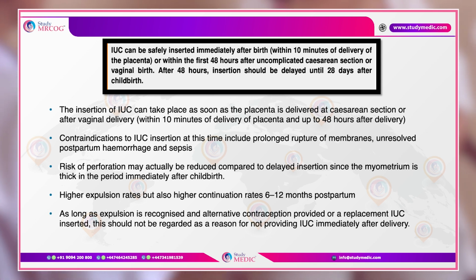What FSRH and the researchers feel is that as long as expulsion is recognized and alternative contraception provided or a replacement IUCD inserted, this should not be regarded as a reason for not providing IUCD immediately after delivery. So all in all, benefits outweigh the risk, and it is safe to insert IUCDs immediately following delivery.